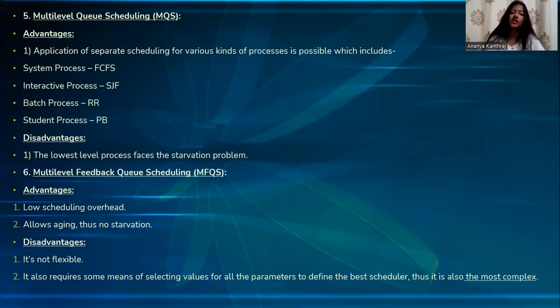Sixth is the multi-level feedback queue scheduling algorithm, also known as MFQS in abbreviation. The advantage is that it has low scheduling overhead and allows aging, thus no starvation. The disadvantage is that it's not flexible. It also requires some means of selecting values for all the parameters to define the best scheduler. Thus, this is also the most complex.